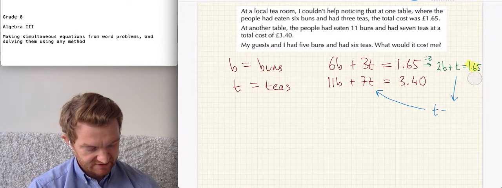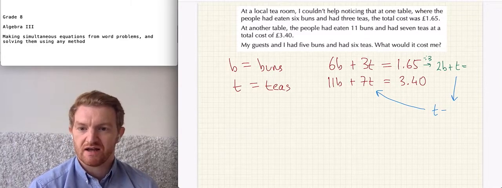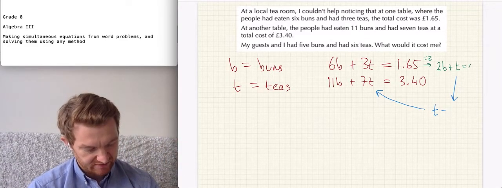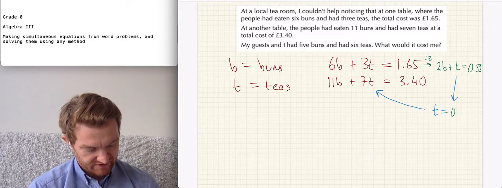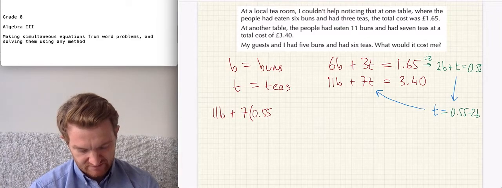By writing out your steps, you can see where you went wrong. So I'm going to go back to this. I knew my answer was unreasonable, so I now know, oh yeah, I forgot to divide. Silly. That should be 0.55. So then t equals 0.55 minus 2b, and I put that in. Let's try it a bit better this time. 11b plus 7 lots of 0.55 minus 2b is equal to 3.40.